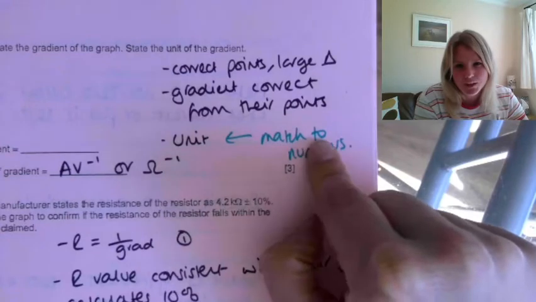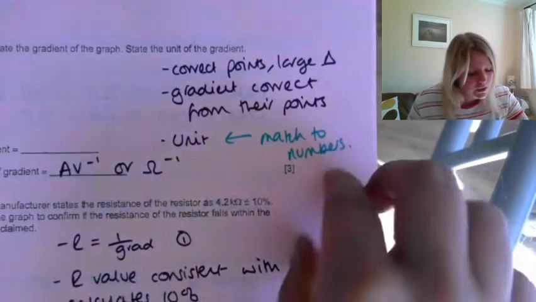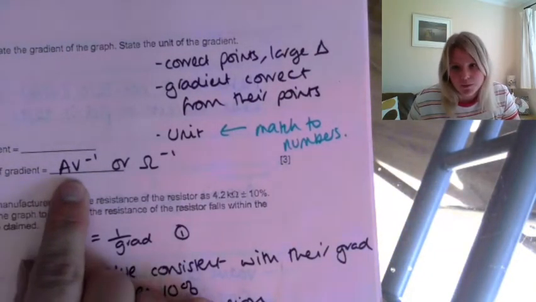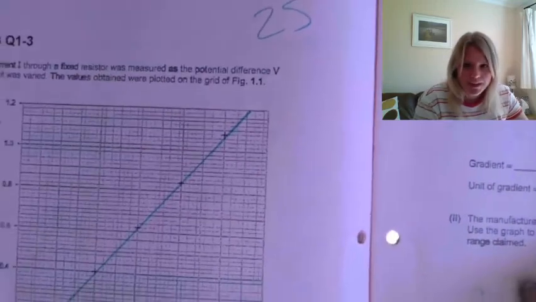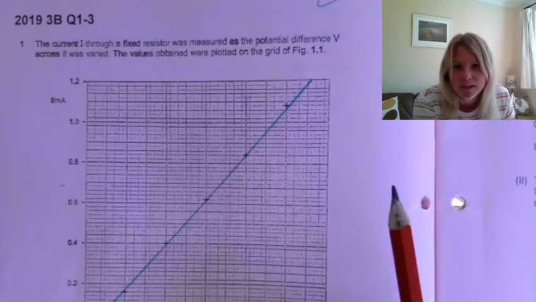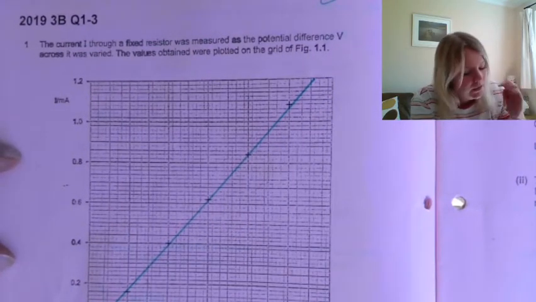This is a little extra note that I had put on for myself whenever I was marking this earlier this year. The unit for the gradient, they would have accepted either amps per volt or ohms to the -1. You get that from your graph, because calculating the gradient you divide the y-axis by the x-axis.